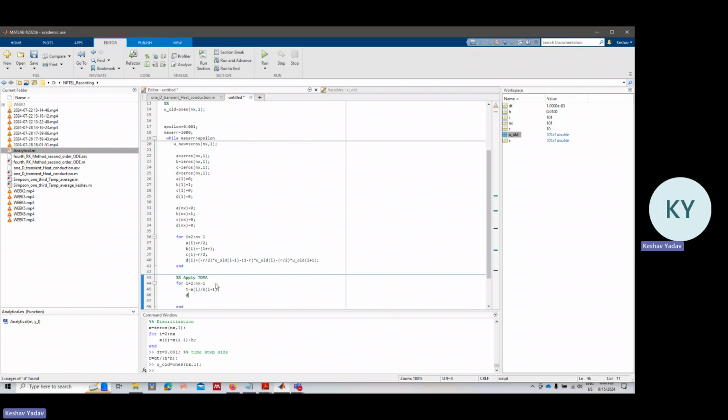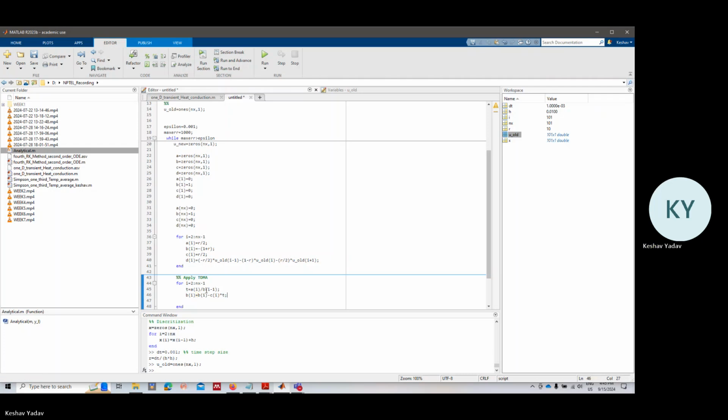Now my new b of i will be what? New b i will be equal to b i minus c i multiplied by this t.